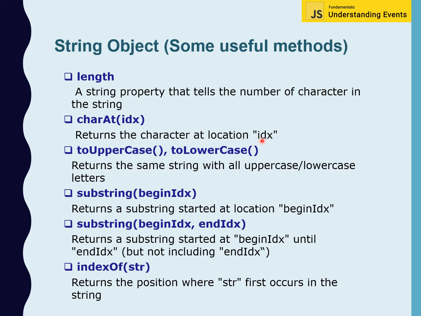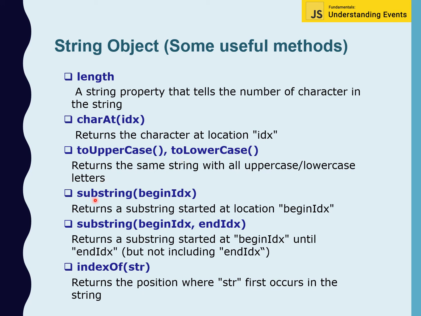So if a number is provided with the charAt function, it returns the character at that particular location. Then toUpperCase and toLowerCase functions are there. If a string is called with toUpperCase, all the characters in the string will be converted to uppercase. If the string is called with toLowerCase, all the characters in the string are converted to lowercase.